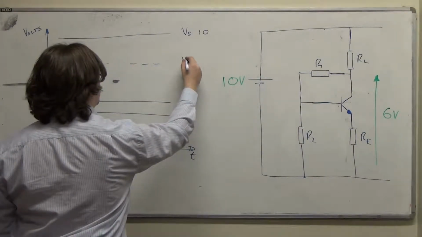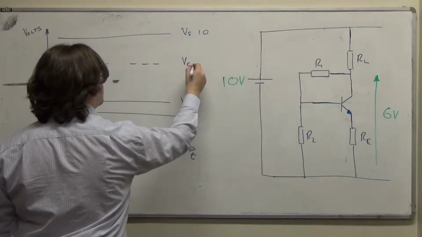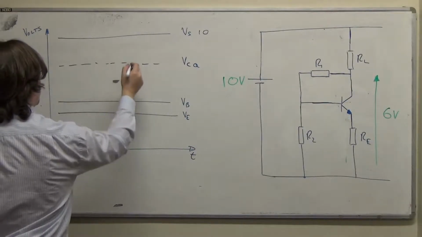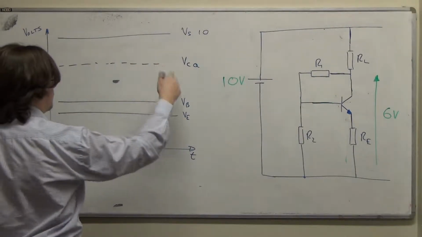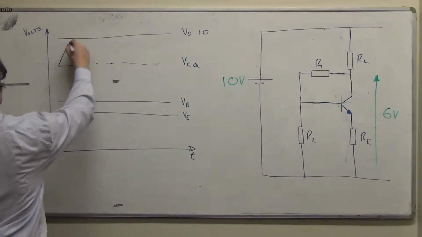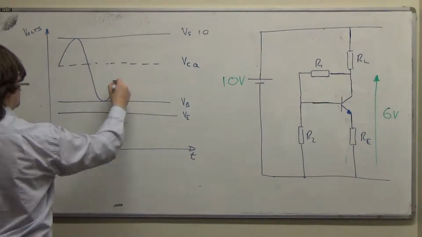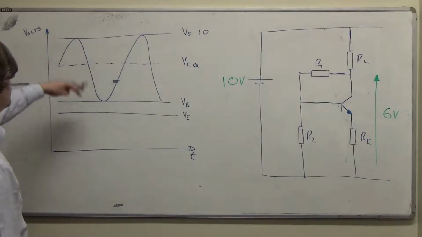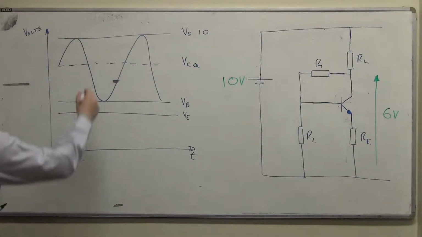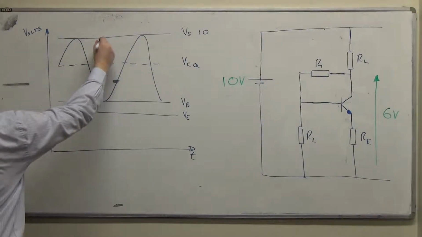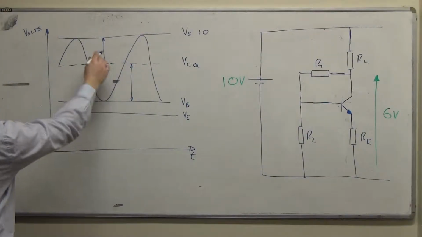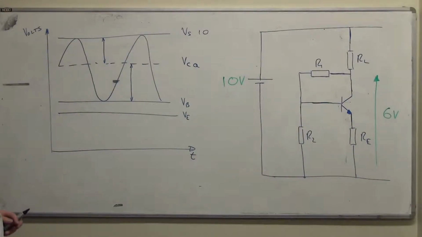We'll call it VCQ. And what we're saying is that VCQ is going to have to lie in some sensible range because we need to be able to swing our collector a decent range, and if we've got a different value there as we do to there, the smallest of these two will limit our swing, and that's undesirable.